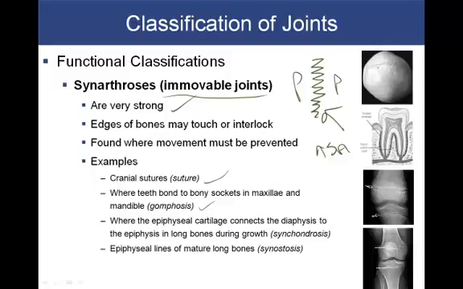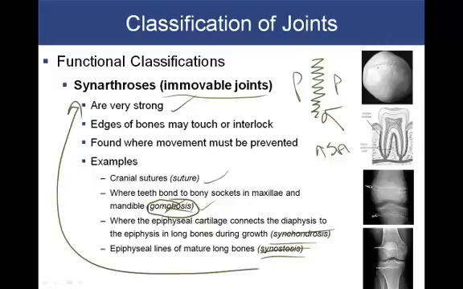Now, all of these types of joints have specific names: the gomphosis for the tooth in its socket, synchondrosis, synostosis. Don't worry so much about this terminology. If you know that they're all synarthroses, we'll be good.